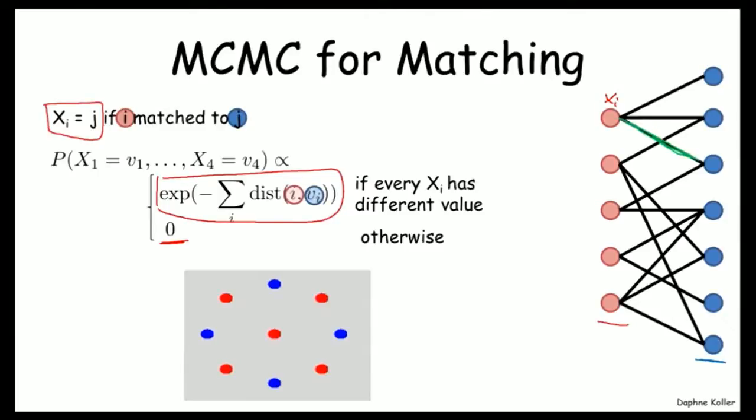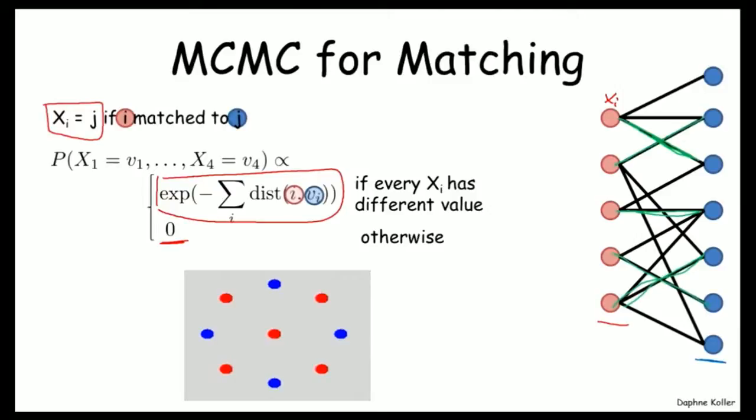So for example, if this is my matching over here, and notice that I didn't get to match all the red dots. Well, actually here, I'm going to match all the red dots.